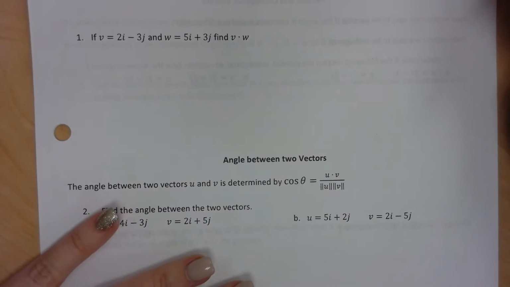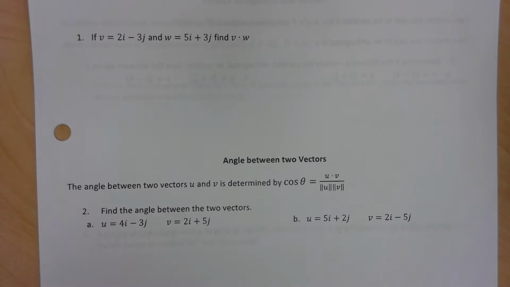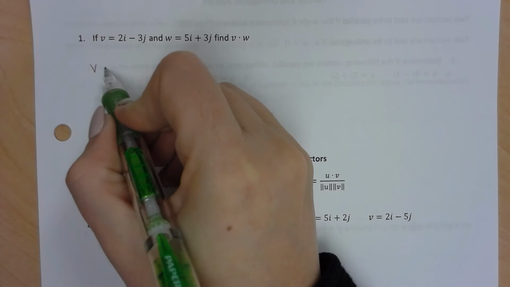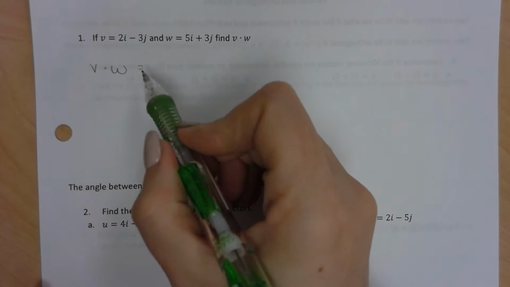So for example, in number 1 here, it says, if v equals 2i minus 3j and w is 5i plus 3j, find the dot product of v dot w. So to find v dot w, we're going to multiply our x values and then multiply our y values and add those two answers together.